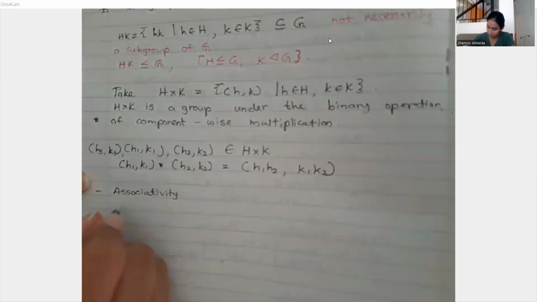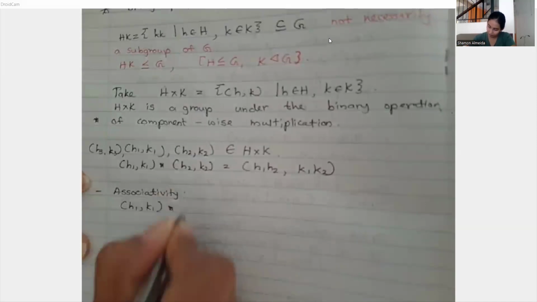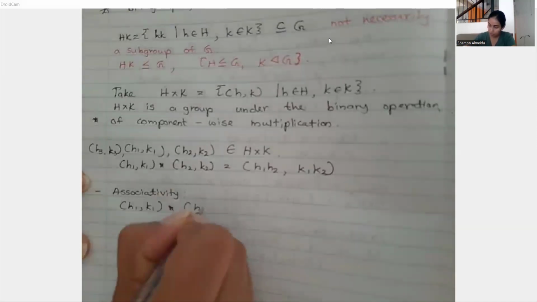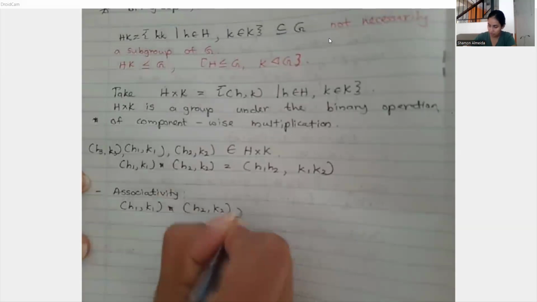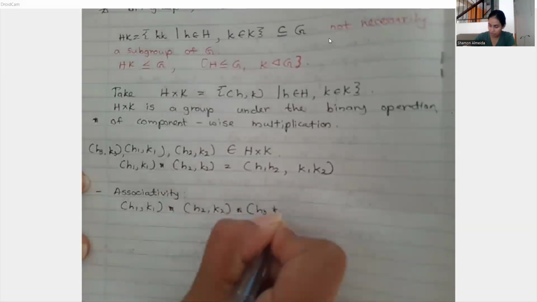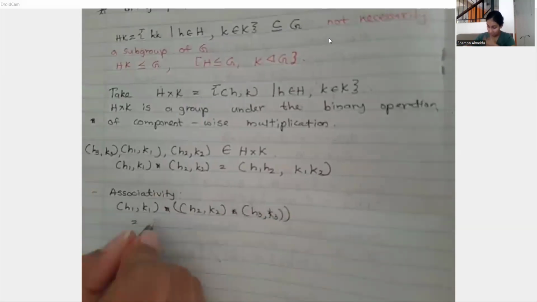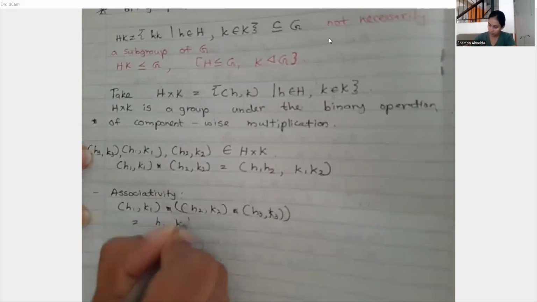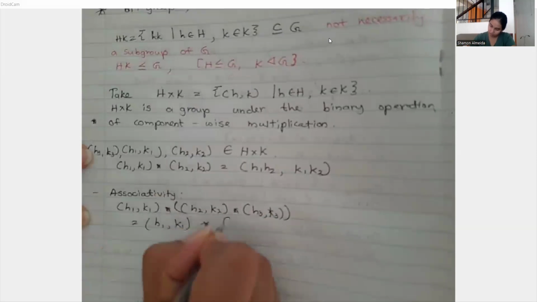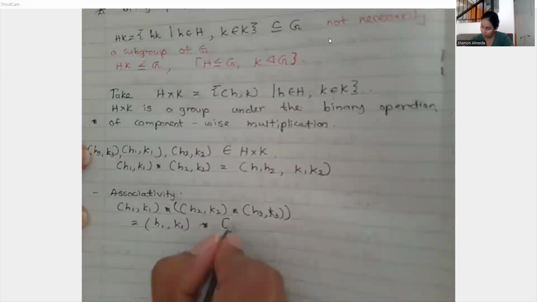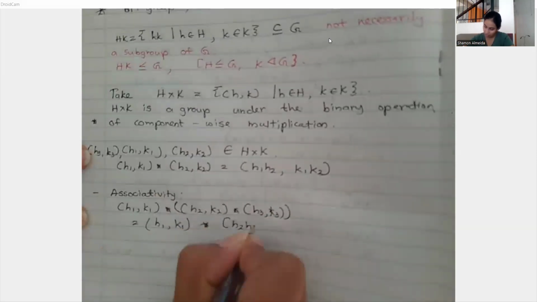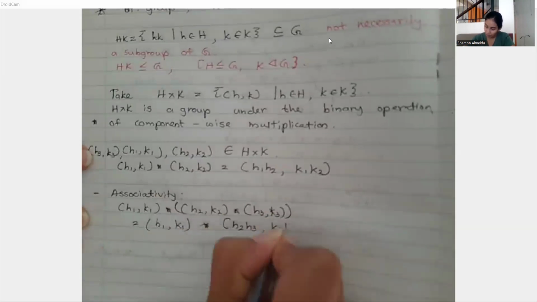If we do (h1, k1) star (h2, k2) star (h3, k3), if we perform the binary operation over these 2 first, we have (h1, k1) star. By definition of the binary operation, we've got (h2 h3, k2 k3).